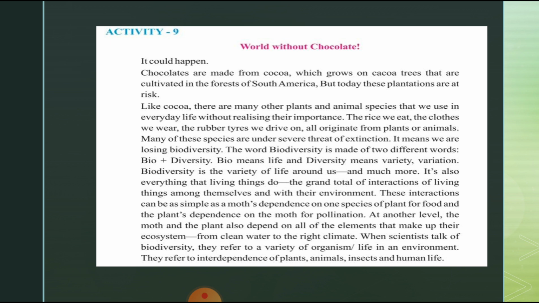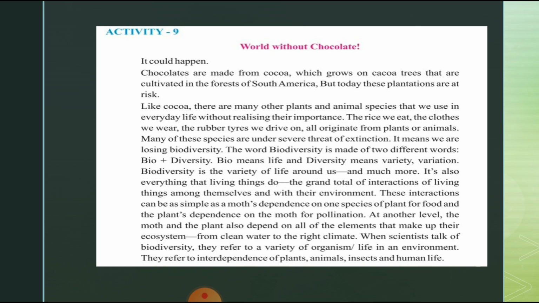They have said over here how it is being used, how plants, animals, insects, and human life are interrelated. A moth depends on one species of plant for food, and the plants depend on the moth for pollination.